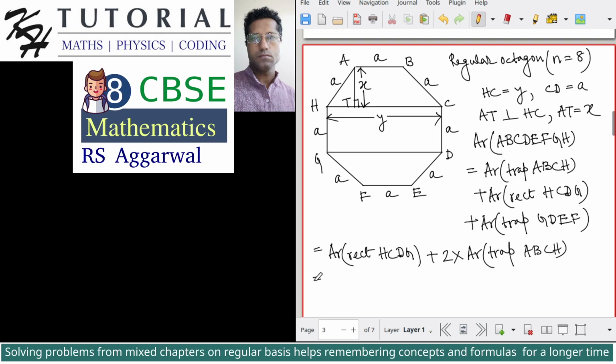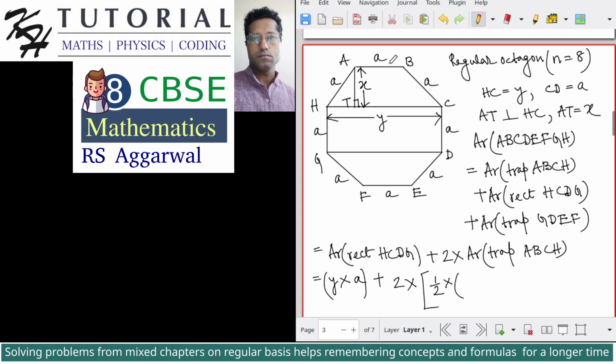This is equal to, what is the area of the rectangle HCDG? We know it is the product of length and breadth. The length is HC, which is y, into the breadth of the rectangle HCDG, which is CD, the length of each side of the regular octagon, which is small a, plus 2 into the area of the trapezium above the rectangle. So it will be half multiplied by the sum of the parallel sides.